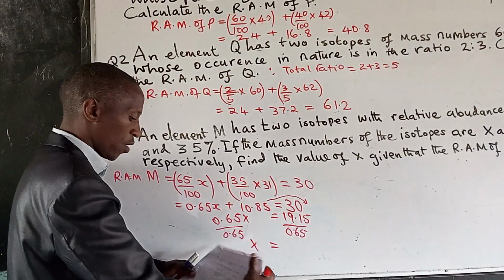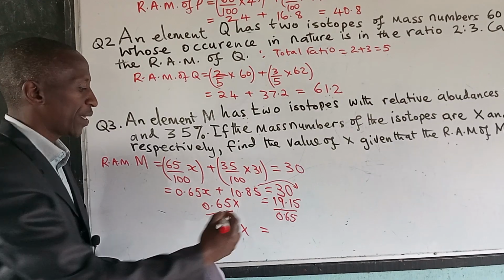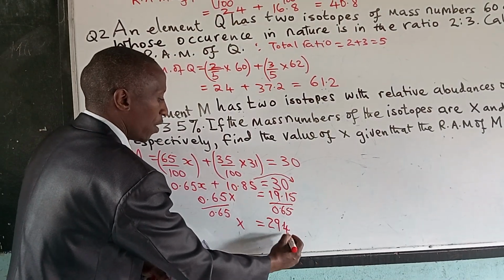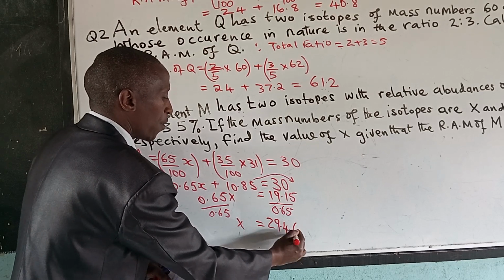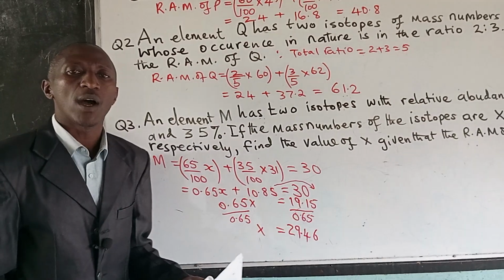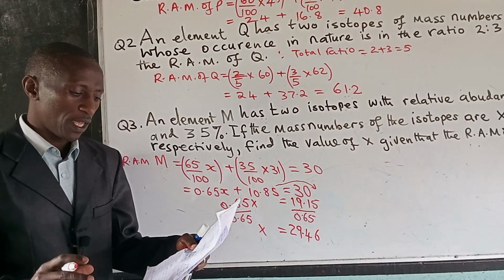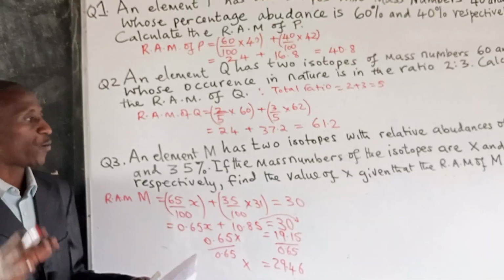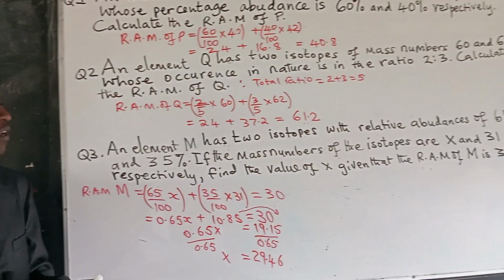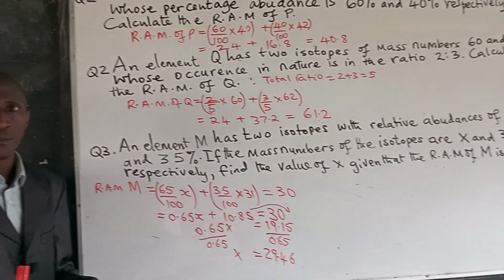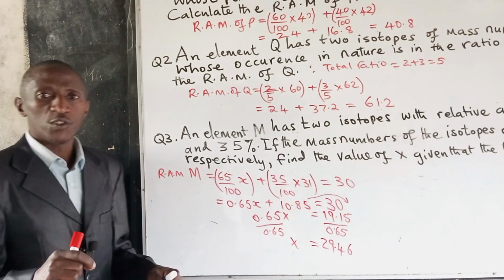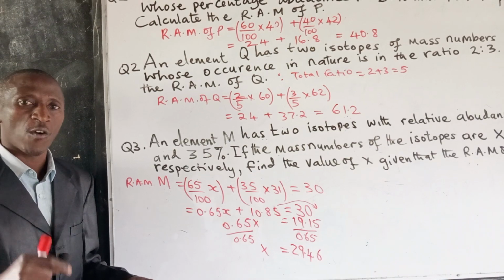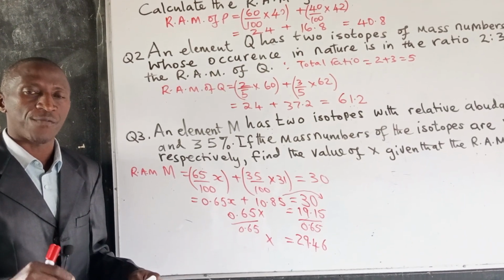And our x value to 4 decimal places is 29.46. So viewers, that is how we calculate the unknown mass number. You can pause the video as we move on to question number 4.